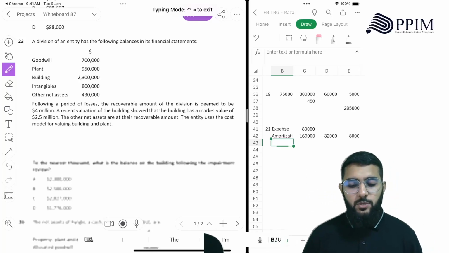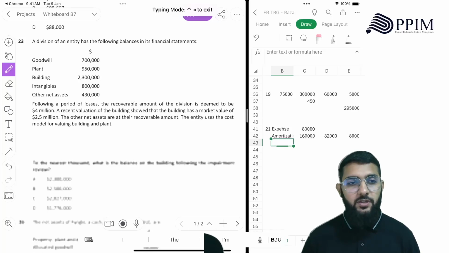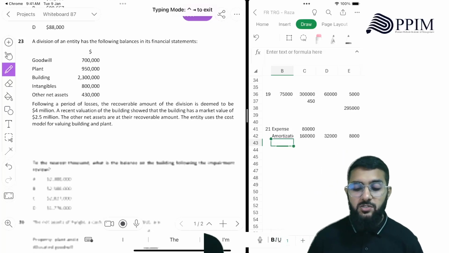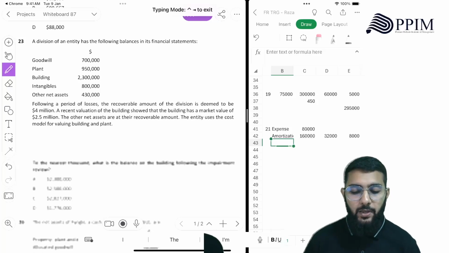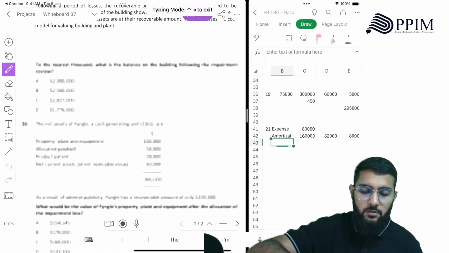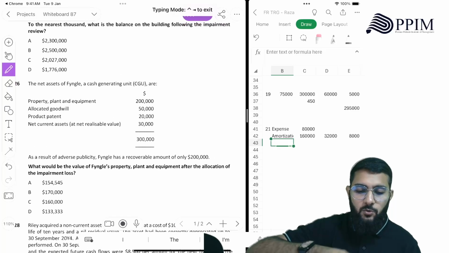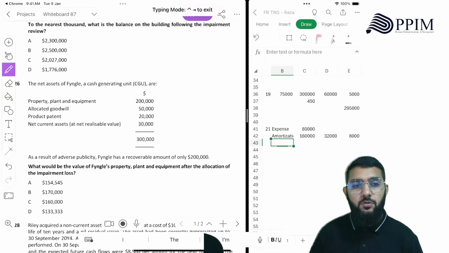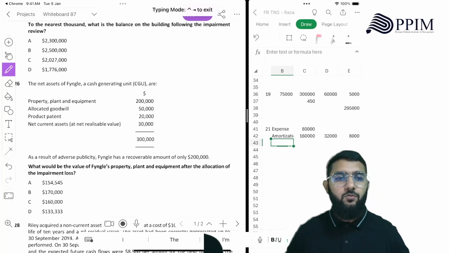A recent valuation of the building showed that the building has a market value of 2.5 million. The other net assets are at their recoverable amounts. 2.3 million is what the CGU value is, right? The entity uses a cost model for valuing building and plant. Okay. Let's look at the question. Question says, to the nearest thousand, what is the balance on building following the impairment review? What is going to be the building after impairment review?